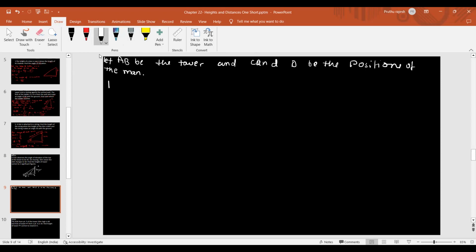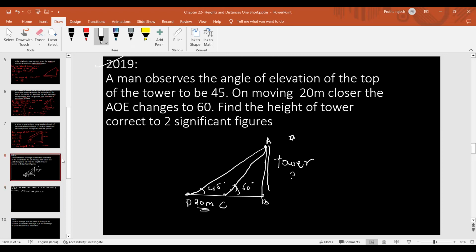Now CD is equal to 20 meters, angle ACB is equal to 45 degrees, and angle ADB is equal to 60 degrees. We figured it out.